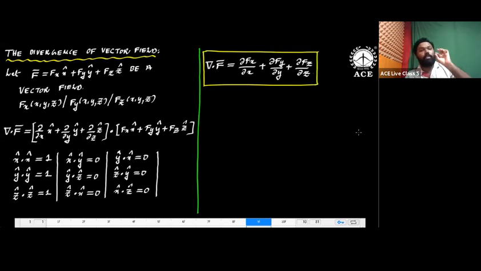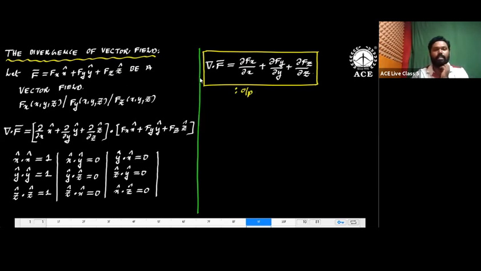Divergence is performed on the vector field. Output is, there are no unit vectors here. So what is the output? I want answers from your side.